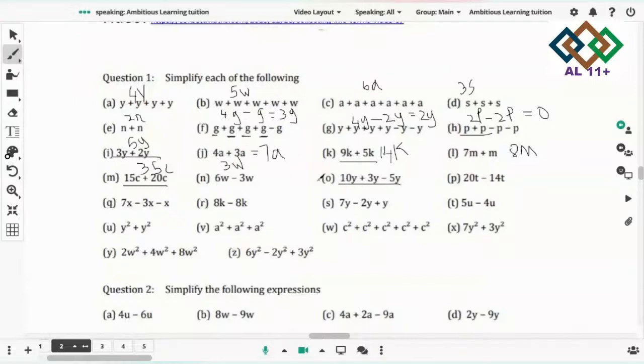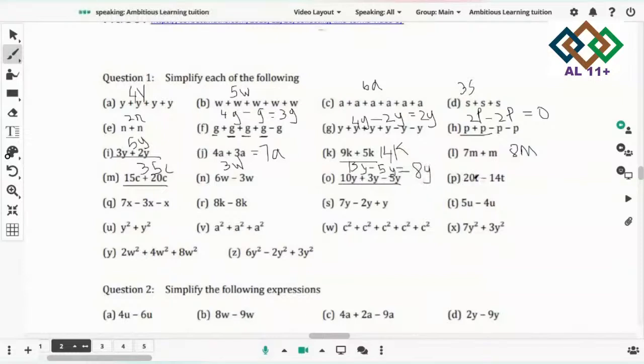Then you have O, that is 10y plus 3y minus 5y. So the first thing is try adding the first two, that's 13y minus 5y, that gives you 8y.